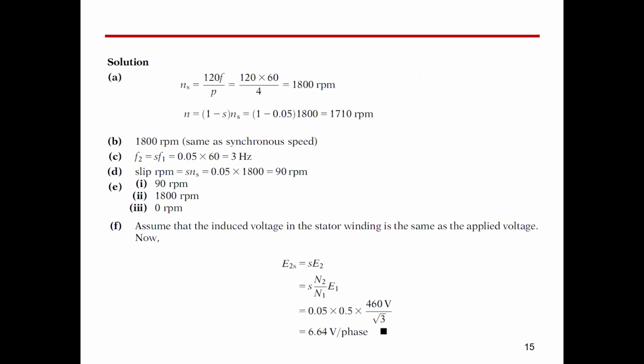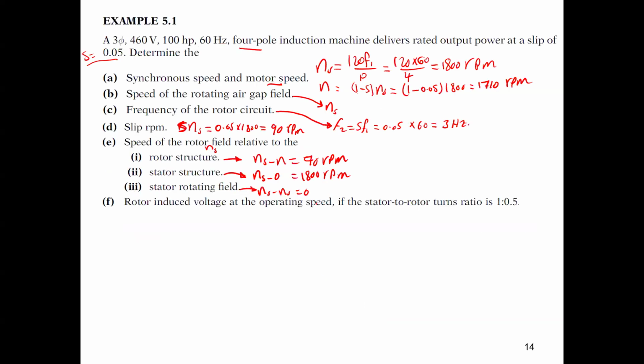And here is the answer of all the parts we already solved. A last question here is, what is the rotor induced voltage at the operating speed if the stator to rotor turns ratio is 1 to 0.5?